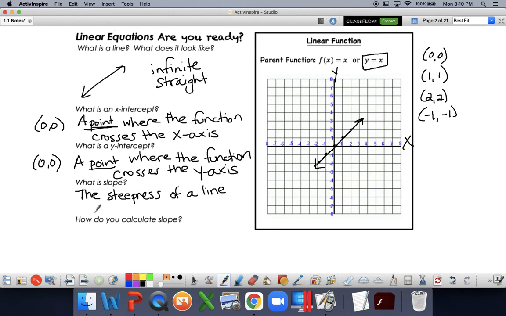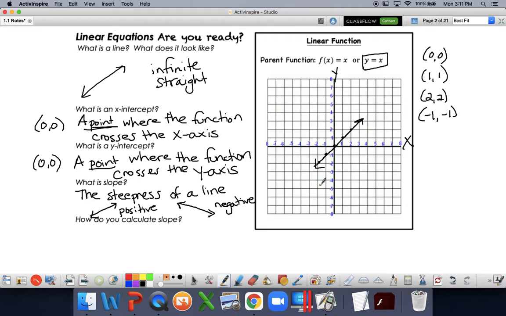If it's going up, we read left to right, so if you see a line going up, that's going to have a positive slope. If you see a line that's going down as you read from left to right, then that's a negatively sloped line. Always think of that in the back of your mind, especially when you start calculating slope values.